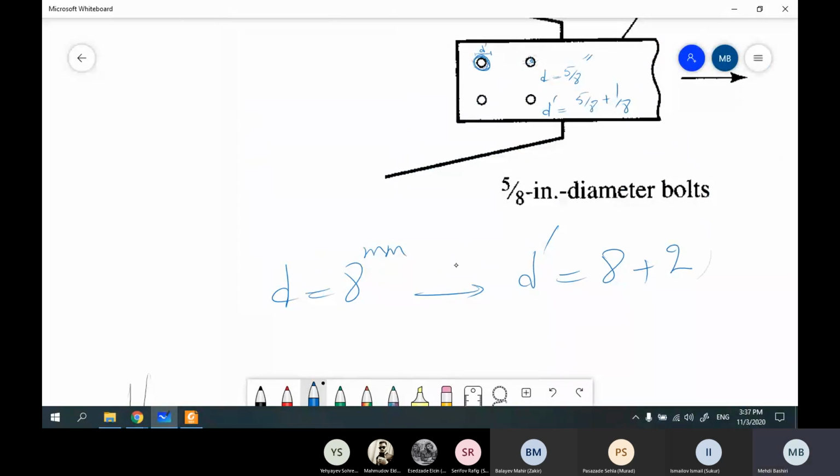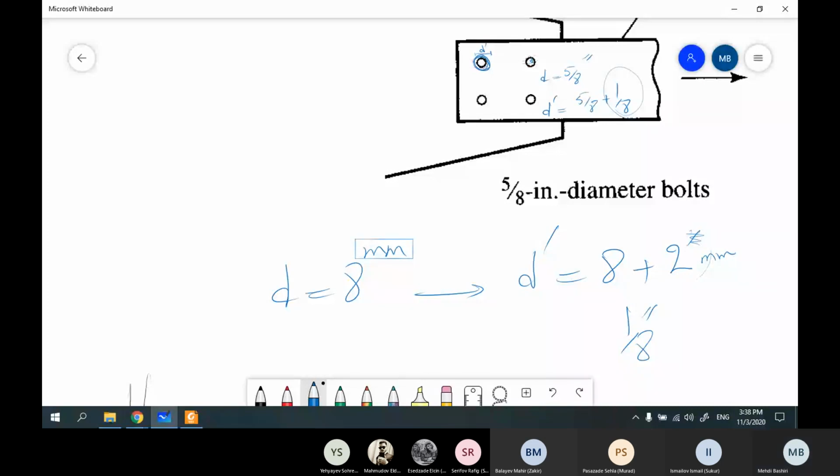Understood? When you work with SI, you have to add 2 millimeter. When you work with BS, you have to add 1/8 inches.